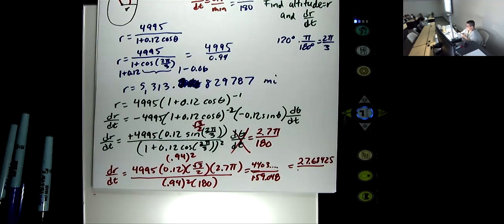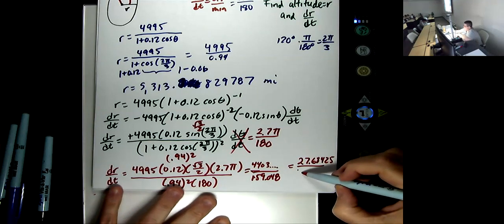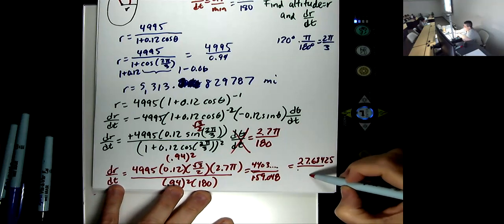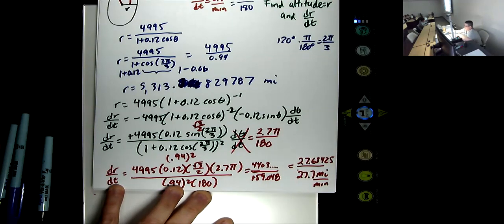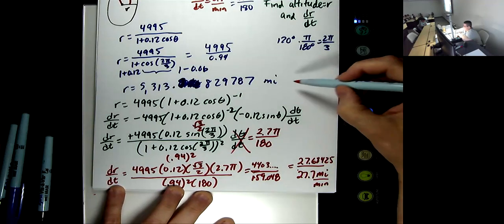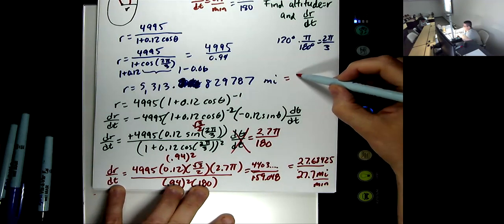And so I'm getting 27.68 something. This is in miles per minute. Say 27.7 miles per minute. And we'll take this down to 1 decimal place too.